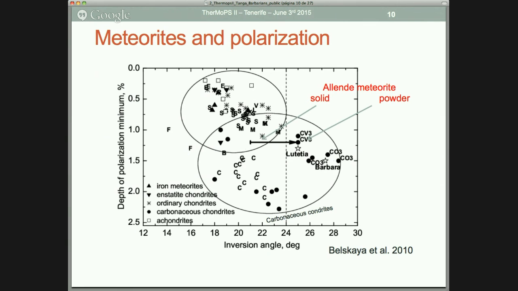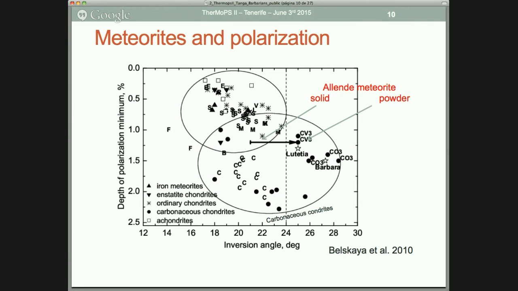Belskaya et al. in 2010 published this collection of laboratory measurements from crushed meteorites. The different symbols refer to different kinds of meteorites. We are interested mainly in this region here. Barbara is around there, the asterisk. Lutetia is kind of intermediate.